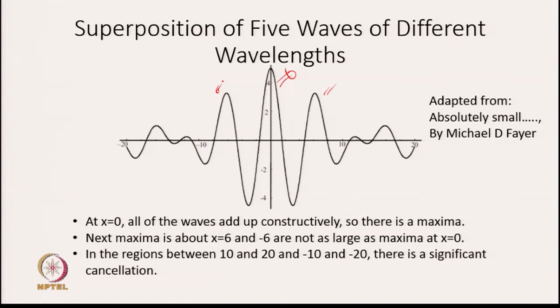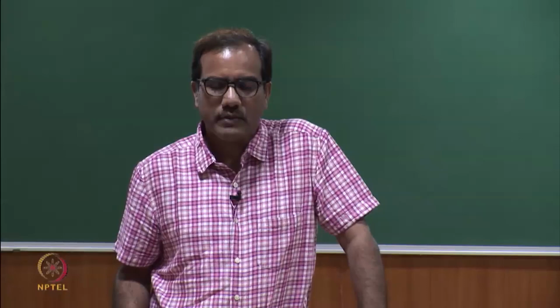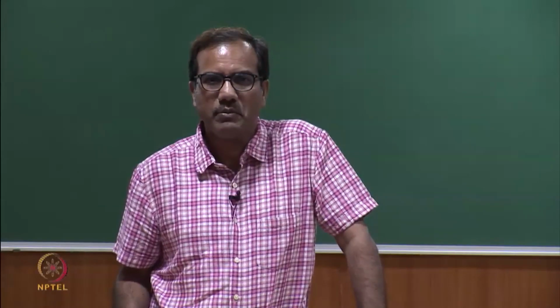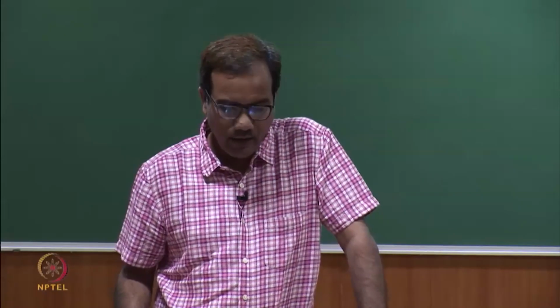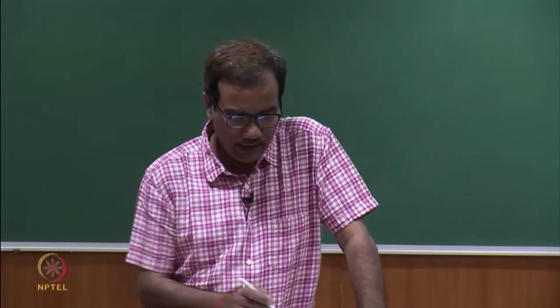In the region between 10 and 20 and minus 10 and minus 20, there is a significant cancellation. So, the amplitude will not be that high, or the amplitude will start decreasing.